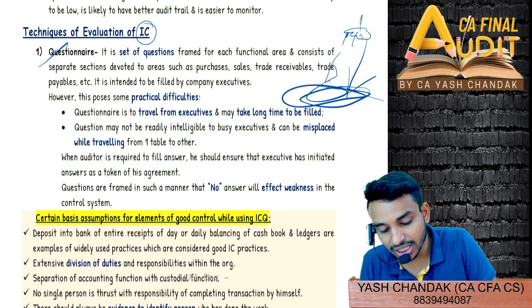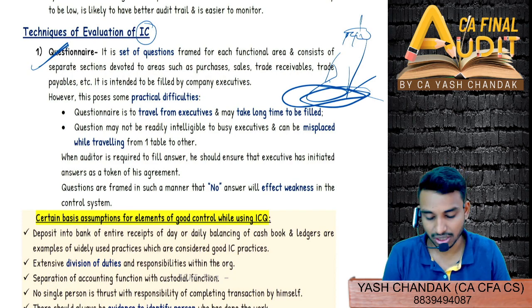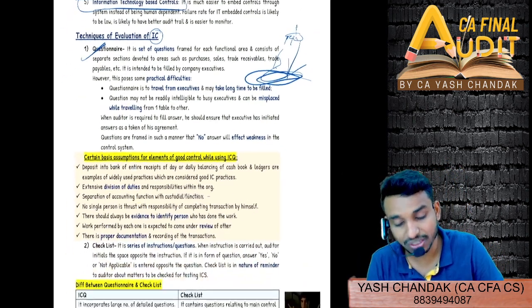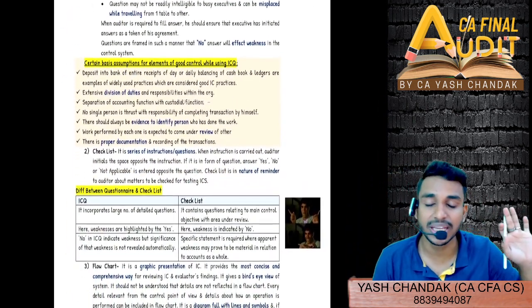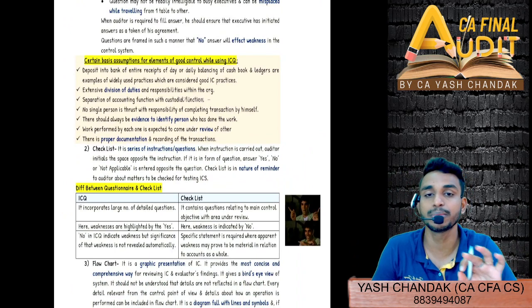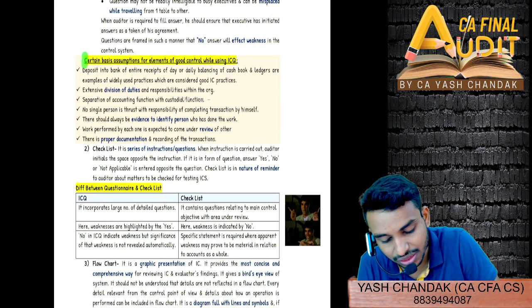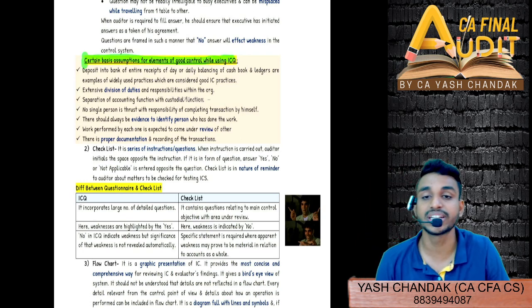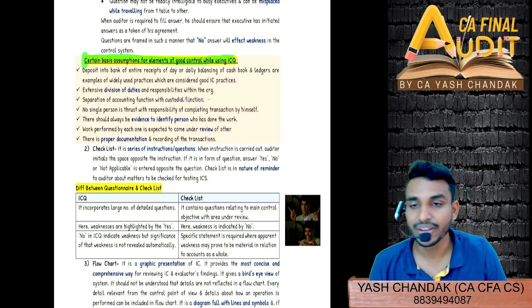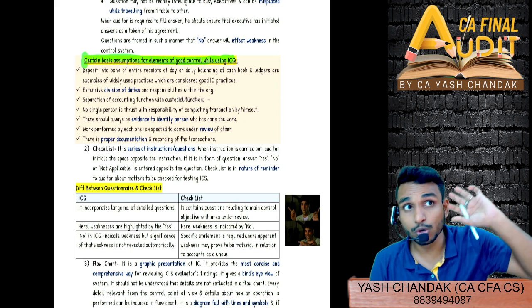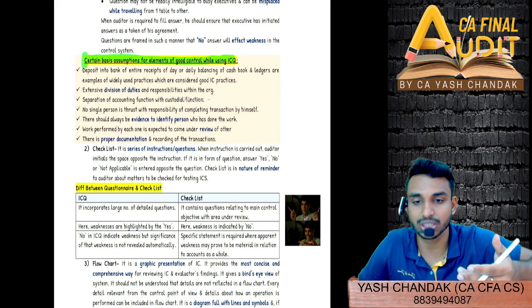So let's see the questionnaire versus checklist. The two questions which I expect, which haven't been asked by the ICAI anywhere, in RTP, MTP, they have not yet asked. One is certain basic assumptions for elements of good internal control. When you are using ICQ, you assume some things, then only you frame the questions.